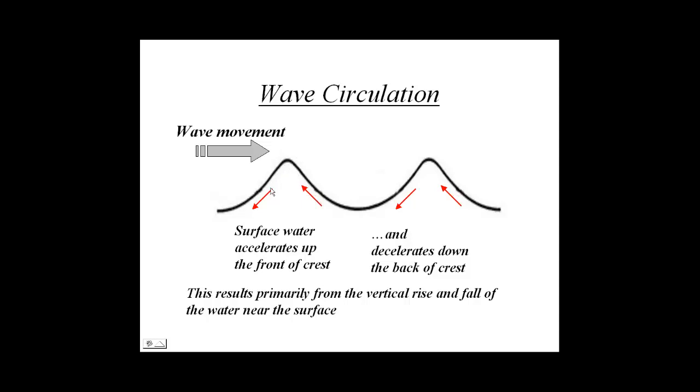And on the back side of the wave, the water is coming down. And there's actually an acceleration here of this water because it's covering a greater distance in a given period of time. So it accelerates up the hill, it decelerates down the hill.